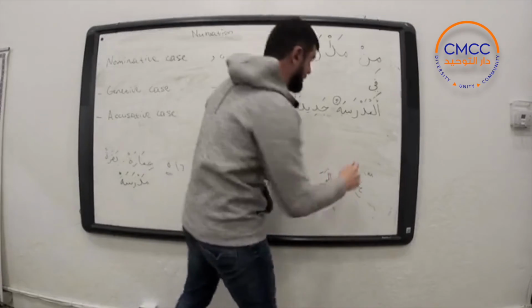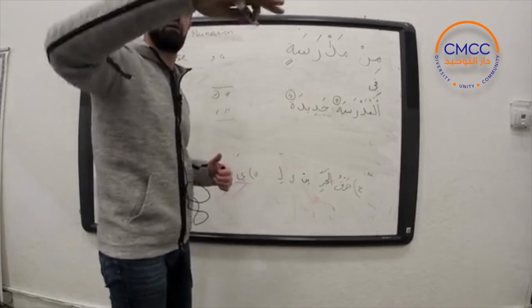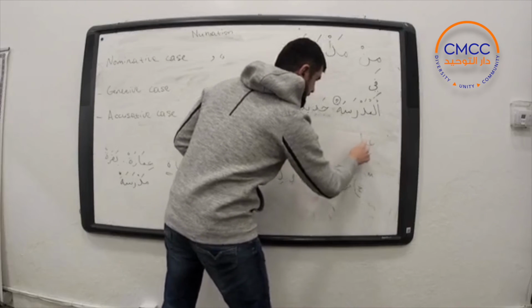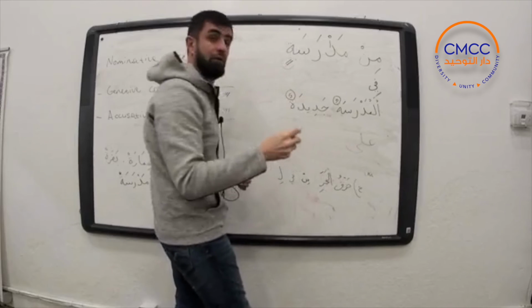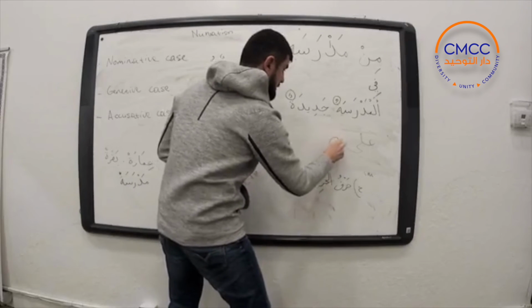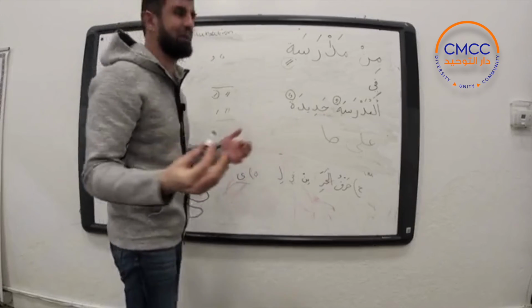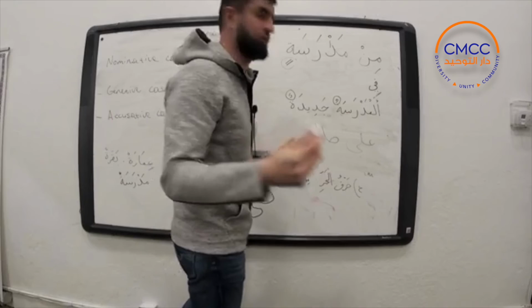Or, for example, another one: on a table. Do you know how to say on? Ala. That's right. Ala, table. You can say maktab, but there is another word called tawila. Tawilatun.